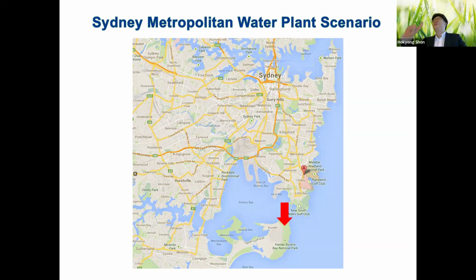When you convert to dollars, $0.3 for 1 kilowatt hour, right? So how much you pay for seawater desalination every day is more than $200,000 for only the energy consumption per day for the Sydney desalination plant, right?